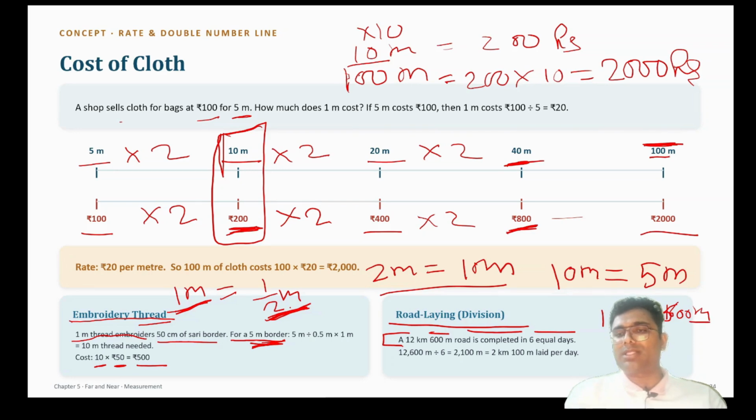Kilometer is there, meter is also there. So first change this total into meter. So it will become 12,600 meter, and then divide by the total number of days. And when you divide this, you will get 2100 meter, and if you want to change this into mixed unit, so 2 kilometer and 100 meter.